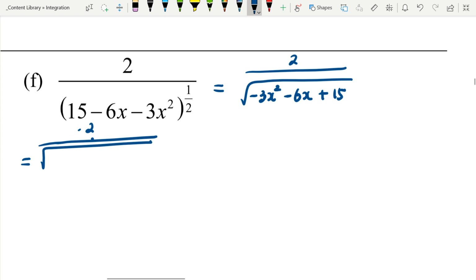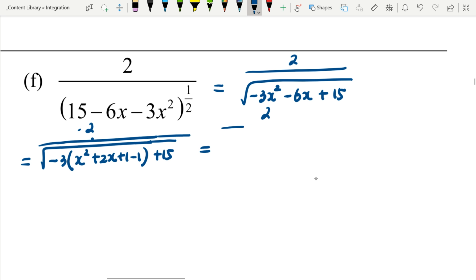To complete the square in this question, I need to take the negative 3 out. So what I have is x squared plus 2x. What else I need to do is plus 1 minus 1, and then I'll keep the plus 15 outside.